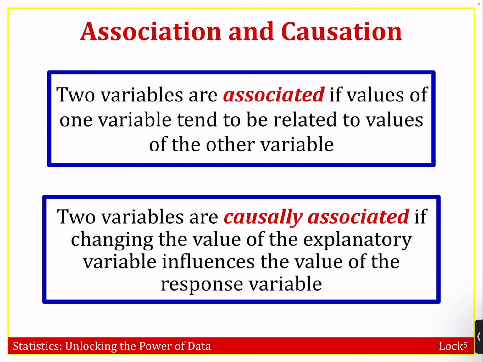Causation is different than association, and we're going to spend quite a bit of time talking about the fact that just because two variables are associated, it does not necessarily mean that there is a causal relationship between those two variables. Some terminology to be aware of: if two variables are causally associated, then one will be the explanatory variable, and that explanatory variable influences the value of the response variable.